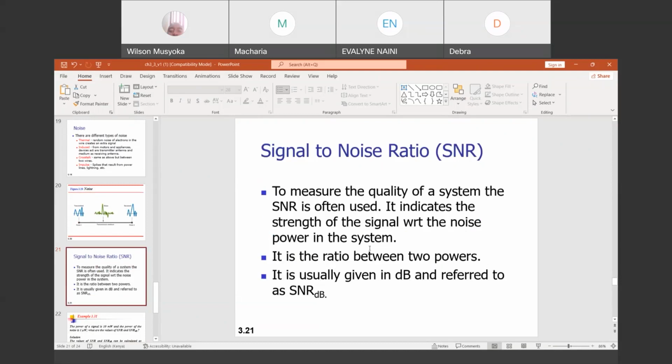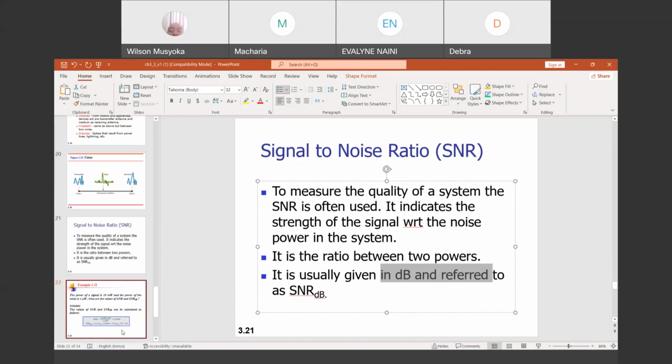So you just want to see, is my transmission system okay, or is it affected by noise? That is what brings about the signal to noise ratio. So it is the ratio between the two powers, because the transmission power is still power, but the noise is also some power which is introduced into the normal transmission. So it is also measured in decibels, but now it is being referred to as SNR dB.